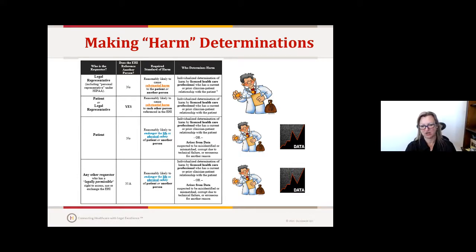In the last 2 categories, that endangerment to life or physical safety can be determined by either the clinician or by the data. And we have a resource at the end of the slide.